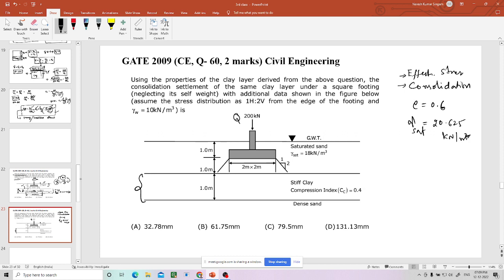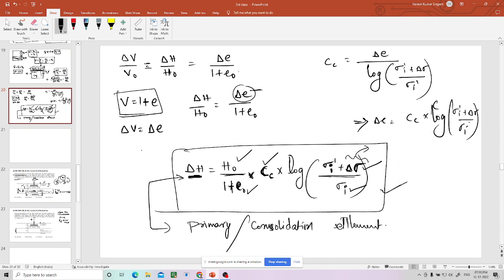Now assume the stress distribution as one horizontal to two vertical from the edge of the footing. From the edge of the footing, you can see in the diagram already given. So gamma w should be taken as 10 kilonewton per meter cube. Now, if you remember, this is the equation which we have derived.